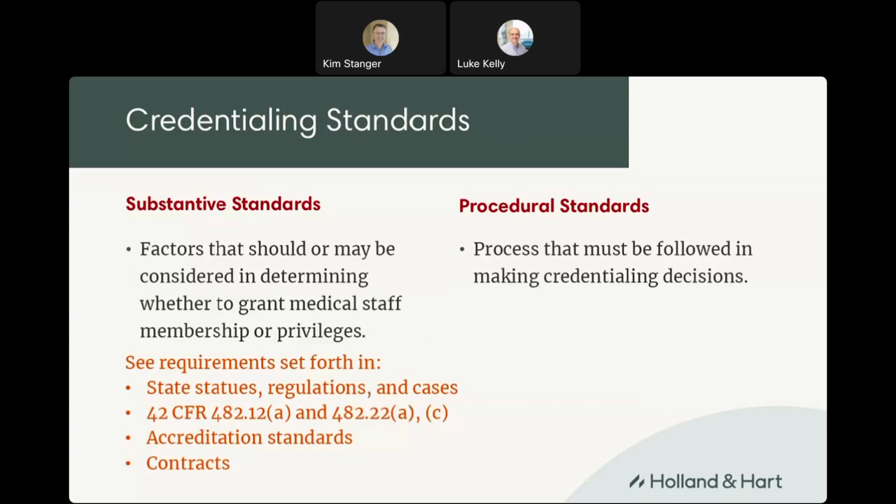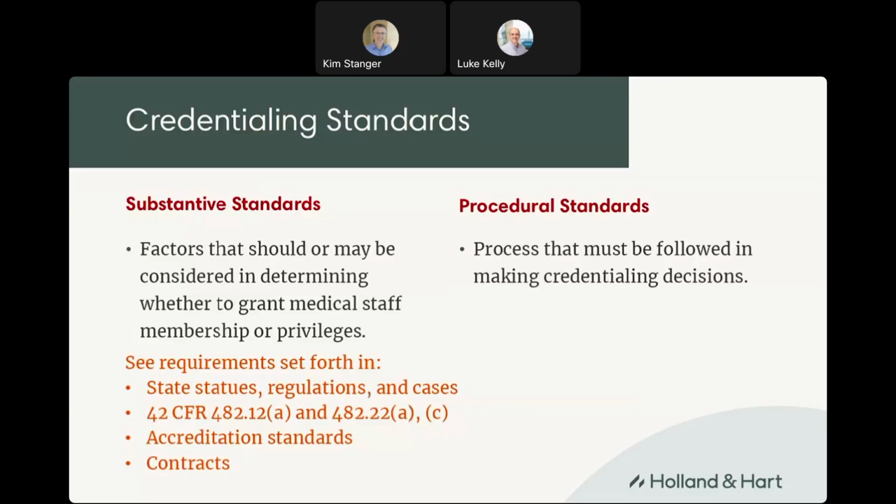Aside from those, we are really dealing with state statutes, regulations, those types of things. And those involve both substantive standards and procedural standards. The substantive standards are those factors that you may appropriately consider when you're determining privileges or medical staff membership. The procedural standards are the processes you have to go through in making that determination.